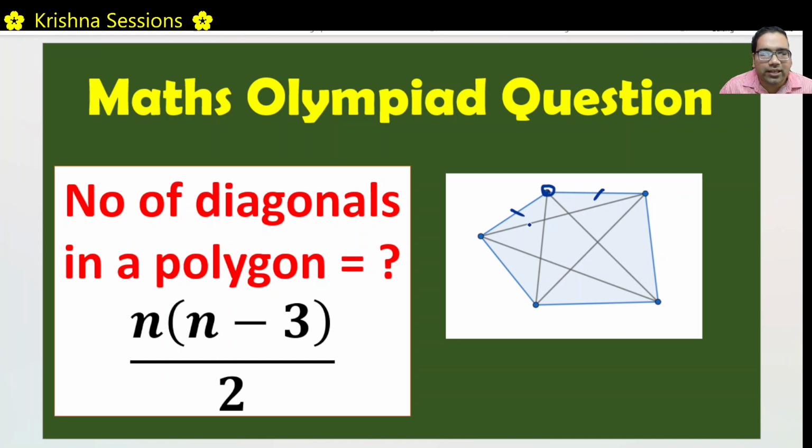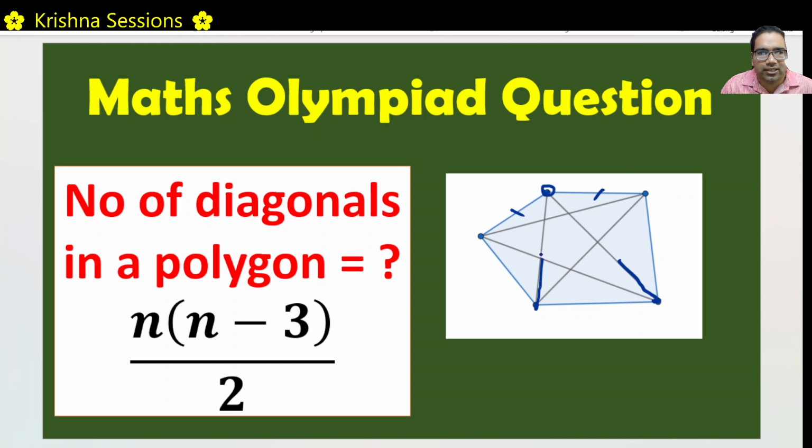Now again, you can draw a diagonal from here to here, but at the same time, the same diagonal you can draw from here, this diagonal, and this from here, that is this diagonal. So there will be double counting. So from each point you can draw n minus 3 diagonals, because you cannot include that same point and left point and right point.